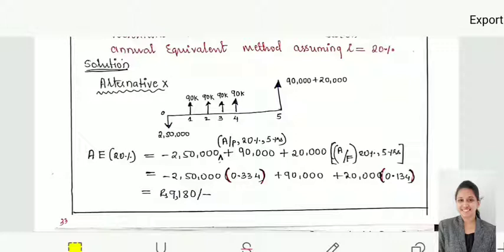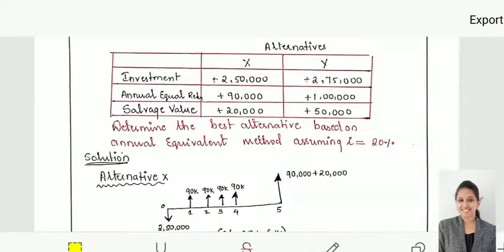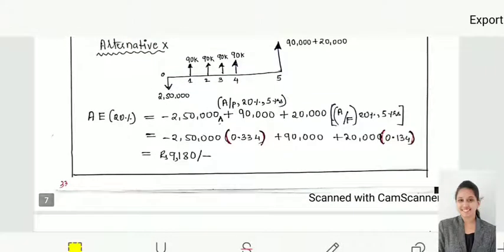At year 0, you are making an investment of 2,50,000. Your annual equal return, because the arrow is marked upward, is the amount that I am getting back. And the salvage value, the future amount you will be getting, is 20,000. All these values I have represented in the form of a cash flow diagram.